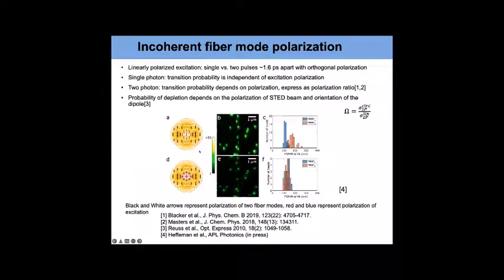What happened is that you form a dipole, or more of your dipoles are aligned along the red direction, and you only see more enhancement along the region that's at the same polarization.